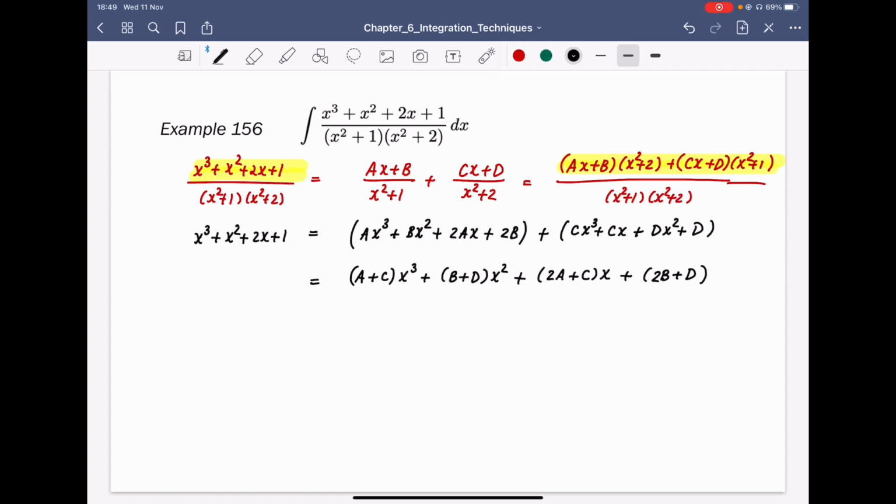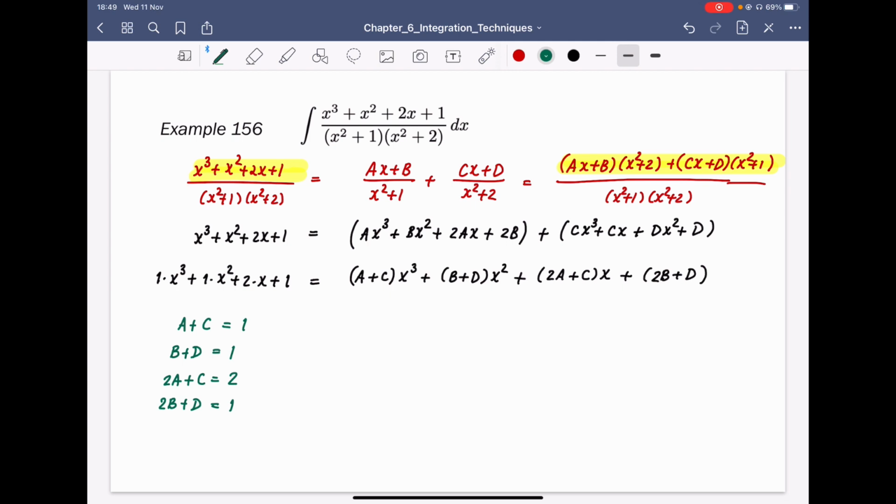Now we are going to compare the coefficients. So on the left hand side, I have 1 times x cubed plus 1 times x squared plus 2 times x plus 1. Since we have 4 unknowns, we have 4 equations: a plus c equal to 1, b plus d equal to 1, 2a plus c equal to 2, and 2b plus d equal to 1.